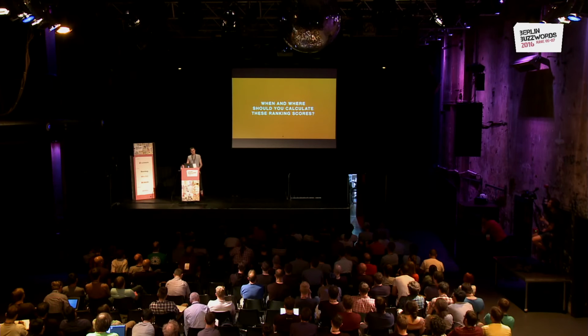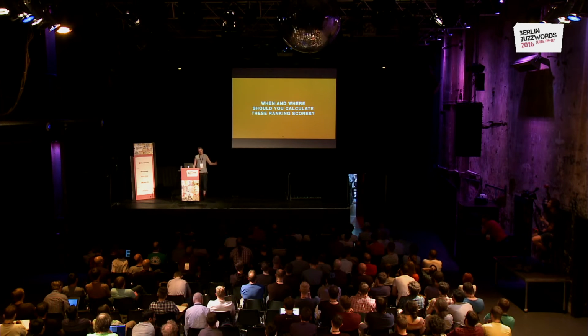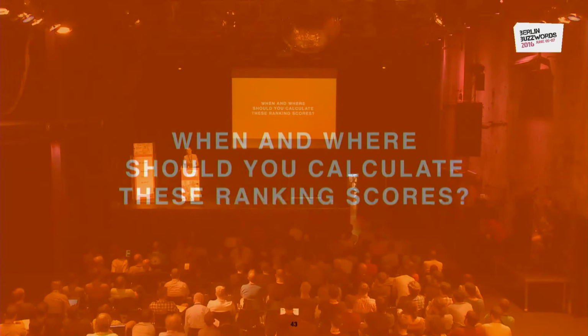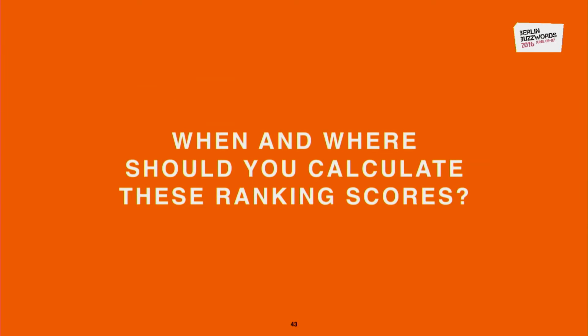So the model's going to be trained offline, probably using a batch process, or it could be trained iteratively using a stream of new data if you've got streaming data ingestion, especially if you're using gradient descent, because that's a training method which works very well with iterative updates as new data comes in. But you still need to apply the model to individual items to get their ranking scores, as in perform that weighted sum operation.